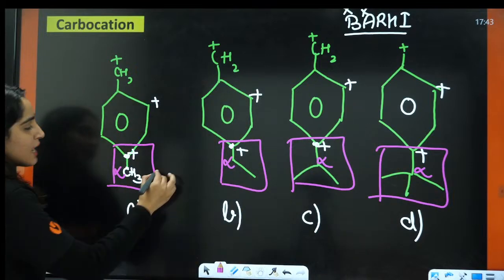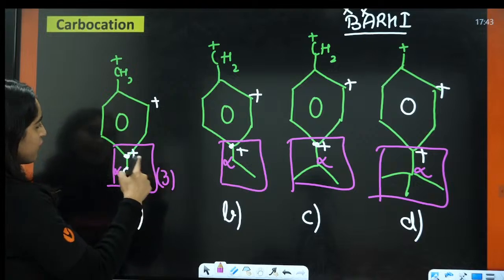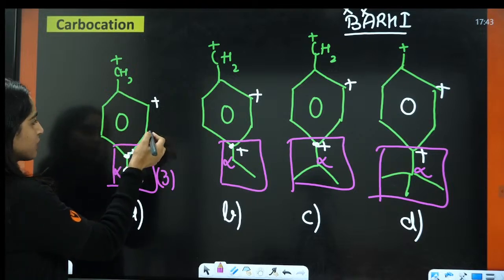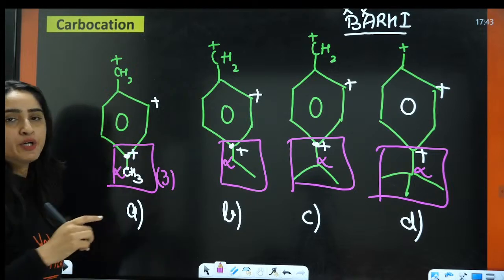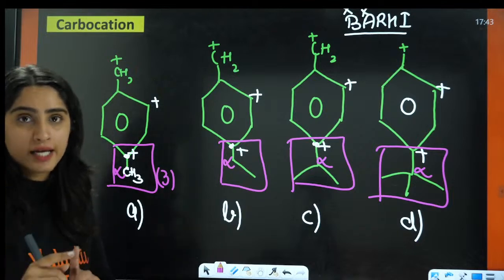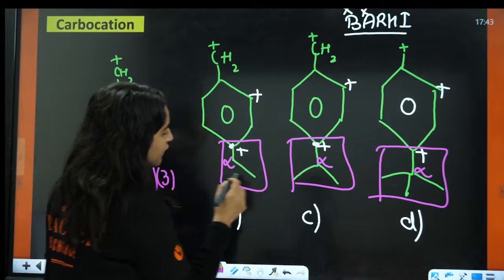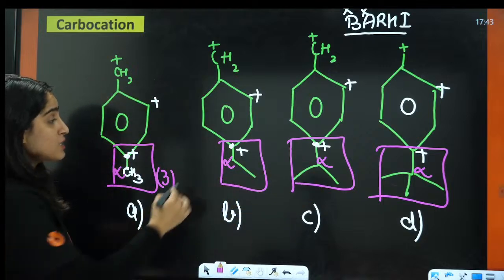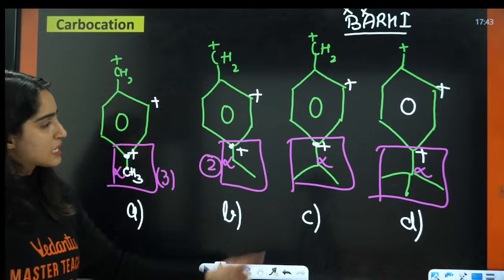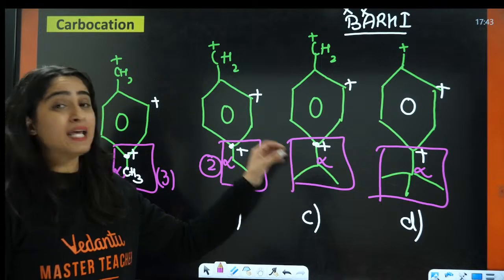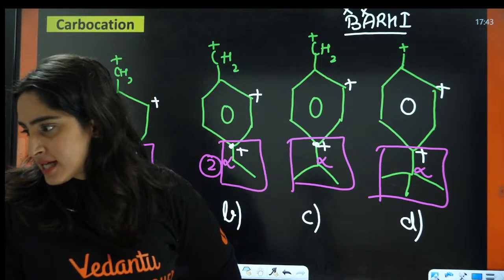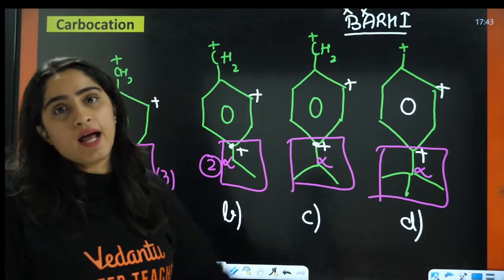This alpha carbon has 3 hydrogen. But we need to see the alpha carbon that is sp3 hybridized, right? So this is sp3 hybridized as alpha carbon. This alpha carbon has 2 hydrogen. This alpha carbon has only 1 hydrogen, isn't it?